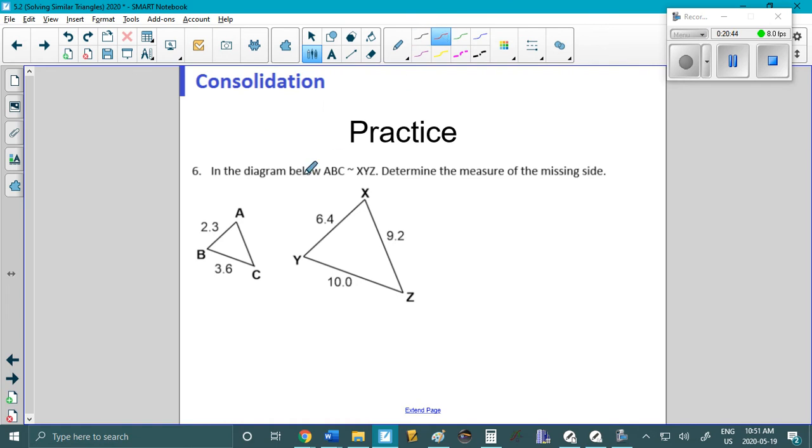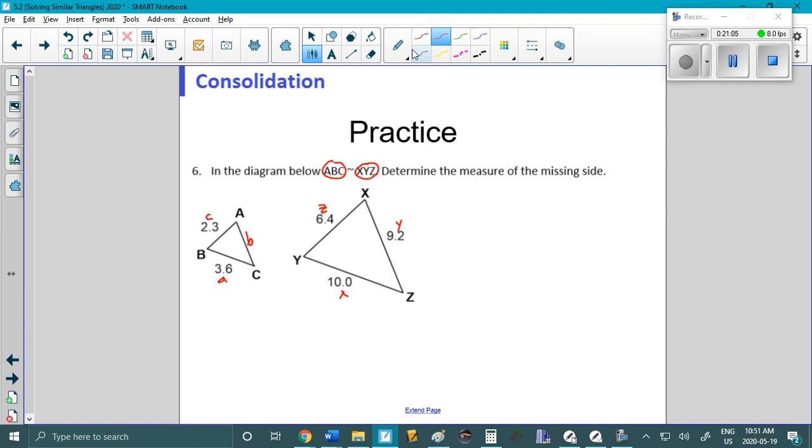All right, so ABC is similar to XYZ. That's really important. So let's go in and see what we don't have. We've got C, we've got A, we don't have B. We have Y, we have X, and we have little z.